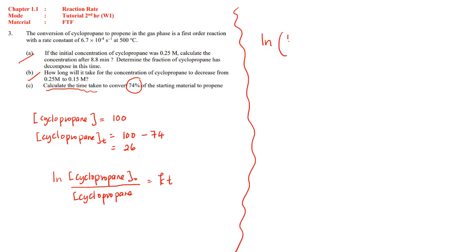Alright, so here is ln 100 divided by 26 equals K, 6.7 times 10 to the power of -4 per second, times time T. Alright?